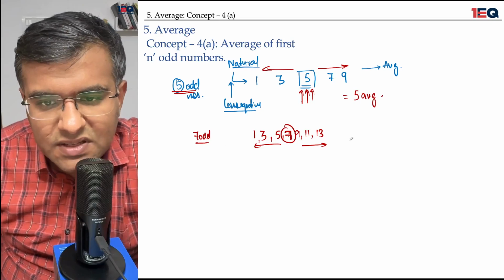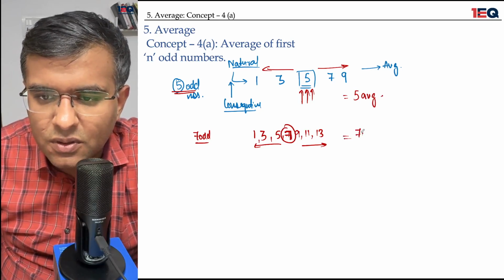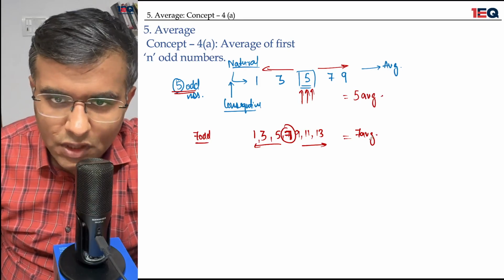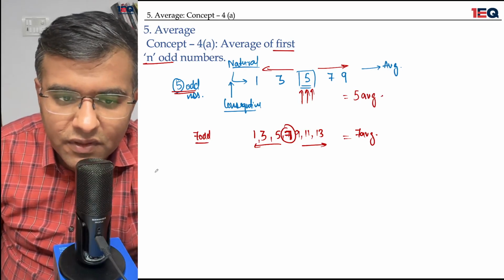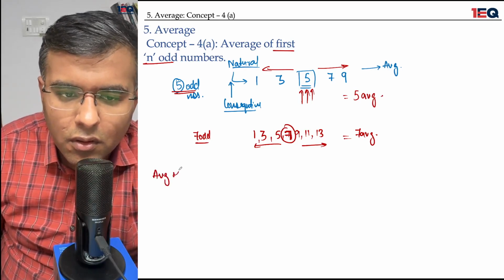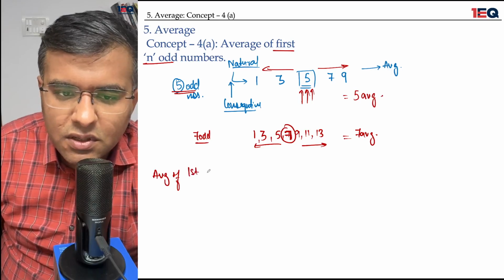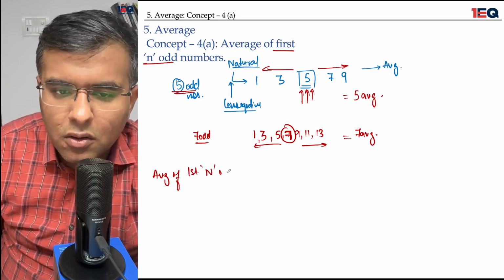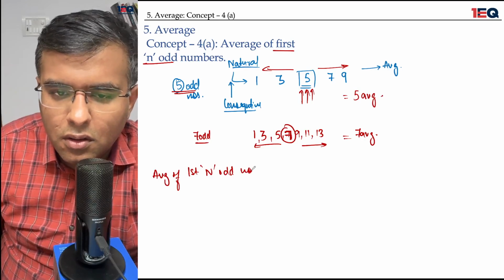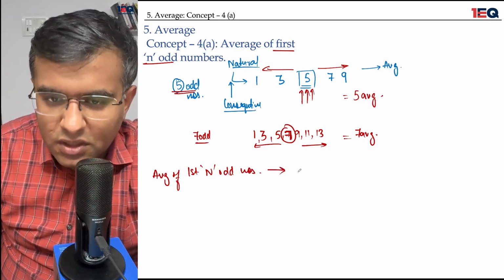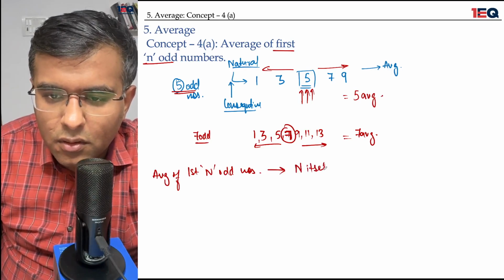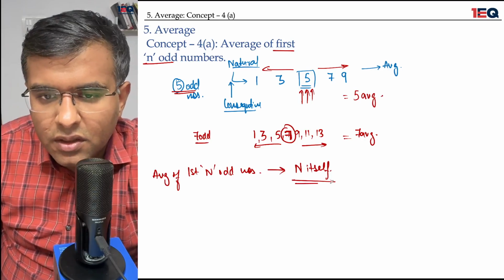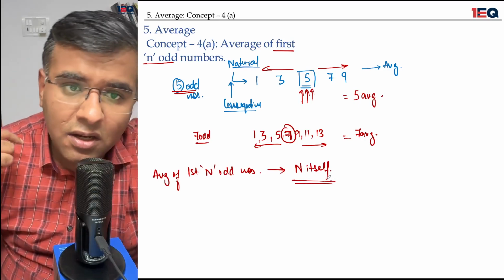So I can say for the 7 odd numbers, the average is also equal to 7. So every time you're supposed to find out the average of the first n odd numbers, the average is going to be nothing but n itself.